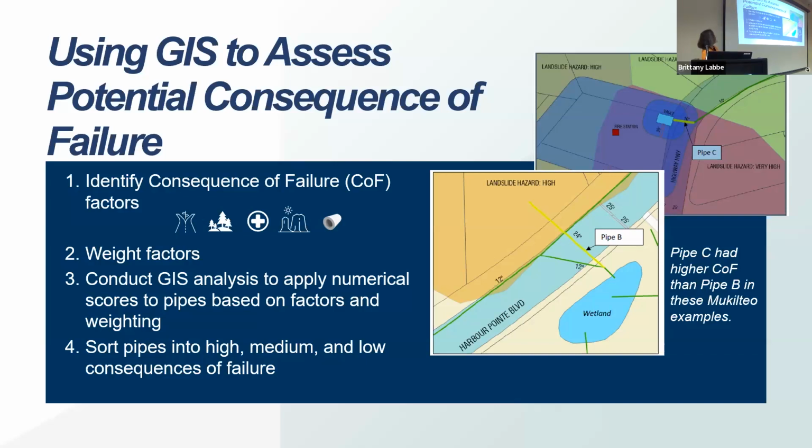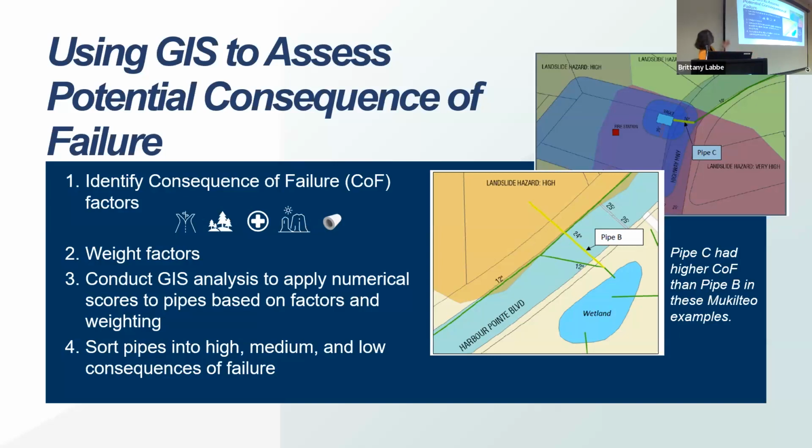We looked at critical areas nearby, like wetlands and landslides. What about critical facilities? If a pipe fails near a hospital and you've blocked access for emergency vehicles. We also looked at the size of the pipe as a proxy for how much flow might be in there. If it's carrying a lot of water, then you might have a bigger impact.